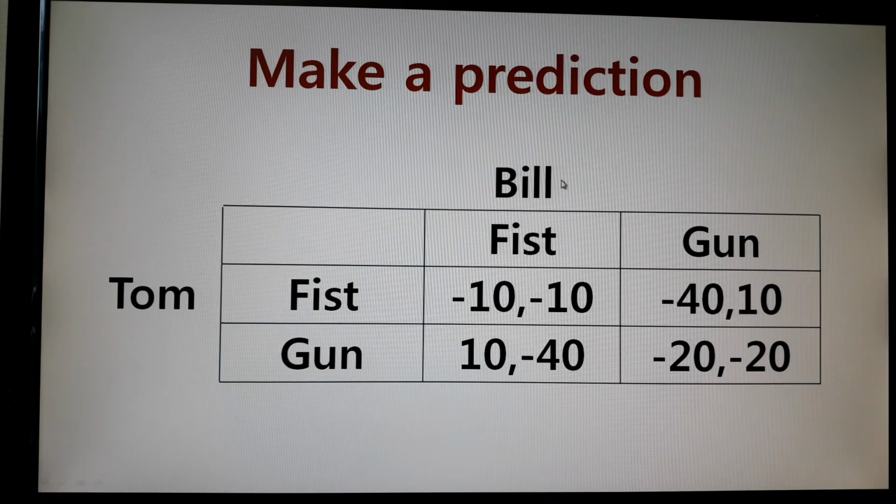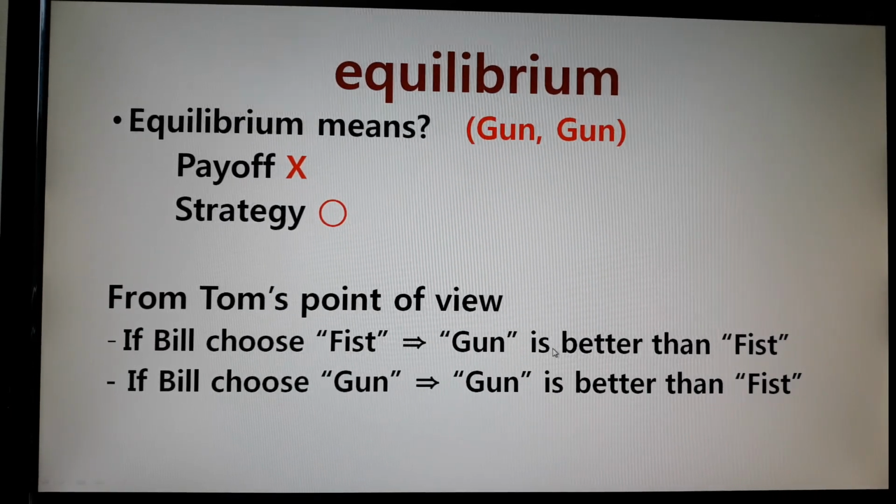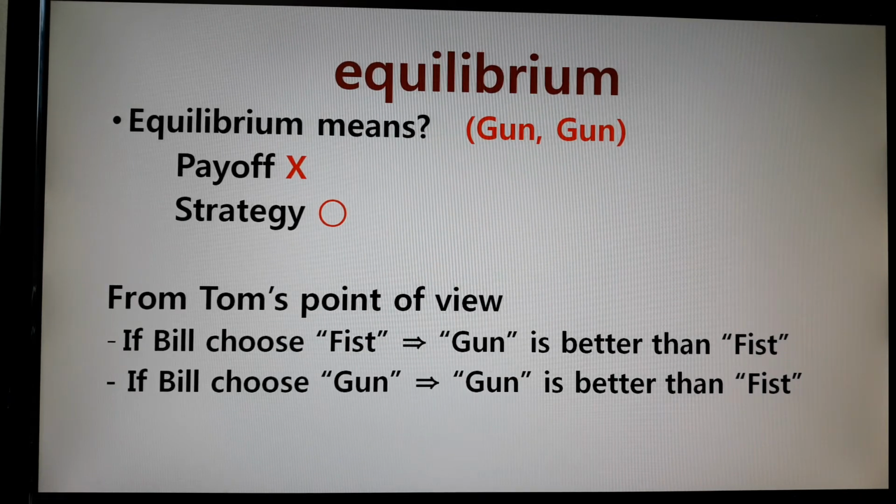Which means whether Bill chooses fist or Bill chooses gun, Tom always prefers gun more than fist. Gun gives Tom a bigger payoff, a better payoff than fist. That is the reason. Likewise, Bill. So that is why economists and game theorists explain that both people will bring guns, choose gun.